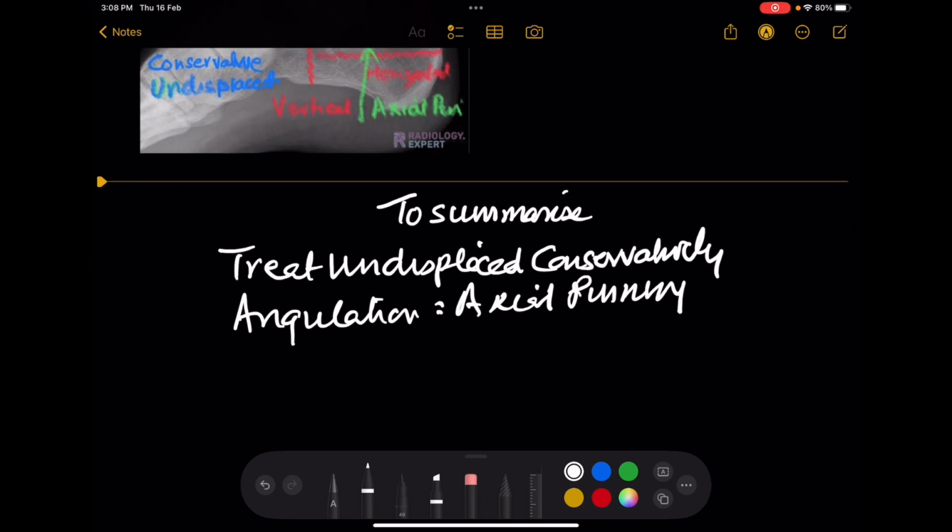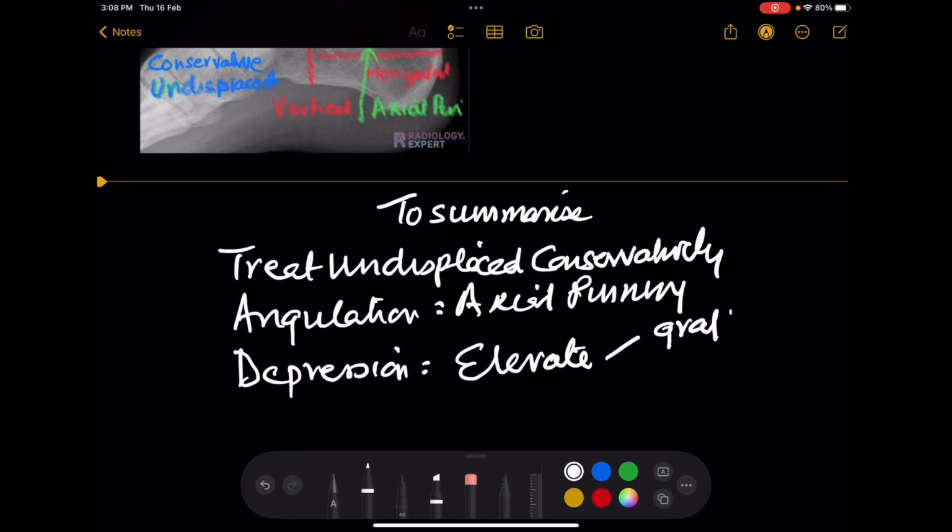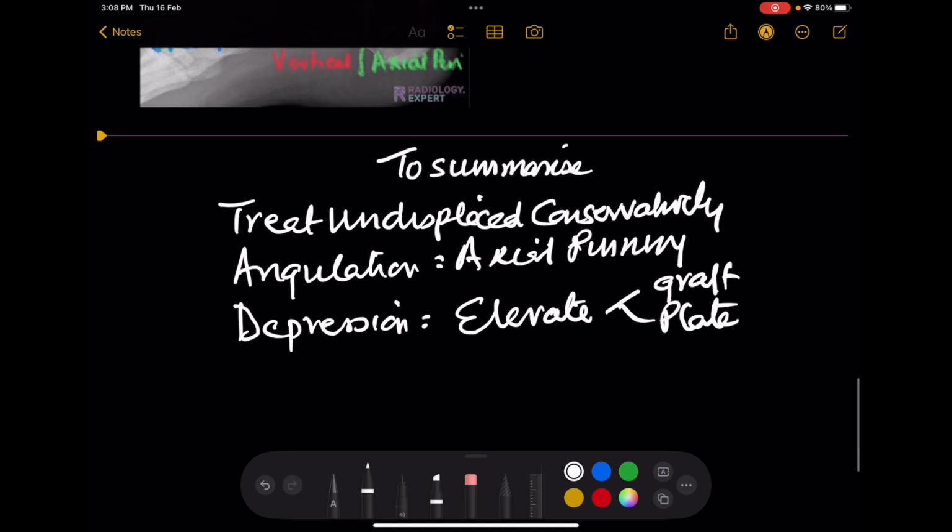If there is depression of the subtaloid joint, you treat it by elevation, and you retain the elevation by bone grafting or a plate.